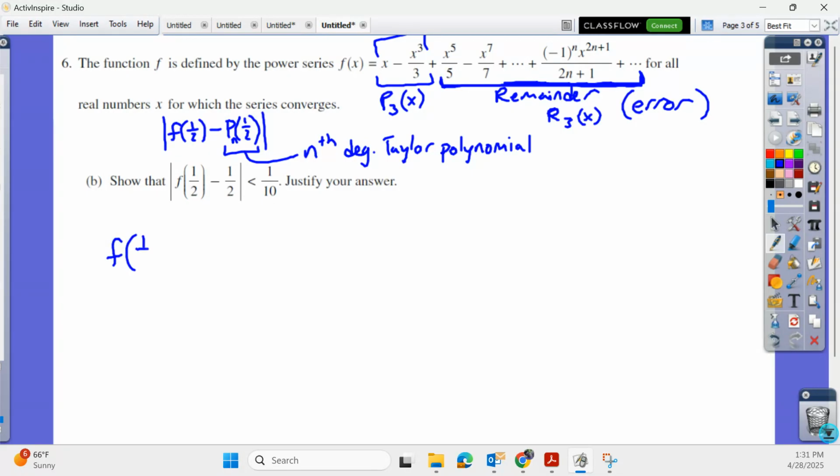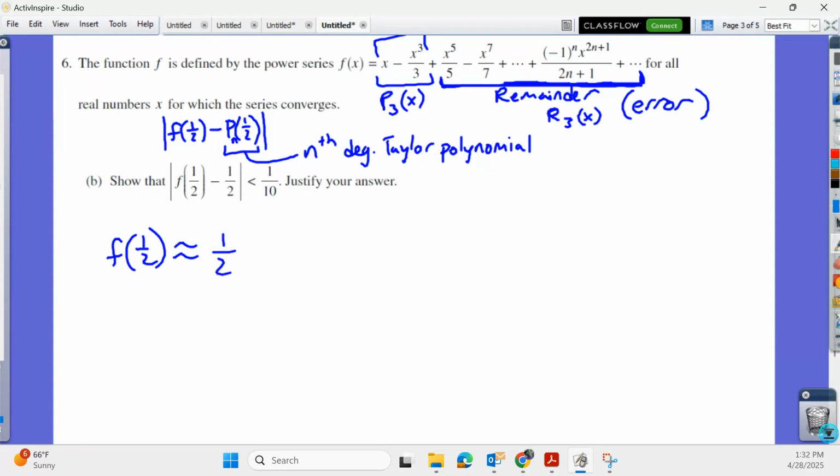We're just going to say f of 1/2, so using a Taylor polynomial to approximate, approximately equals, and I'm going to figure out, when do I get to this value, 1/2? Well, I get it right away, because the first term is just x. So f of 1/2 is approximately 1/2, and then I could say, you know, minus 1/2 cubed over 3.